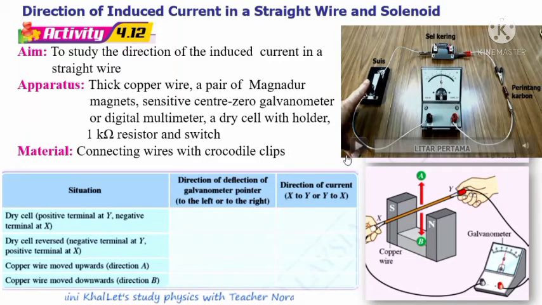Let's observe what happens to the galvanometer pointer when the switch is on.